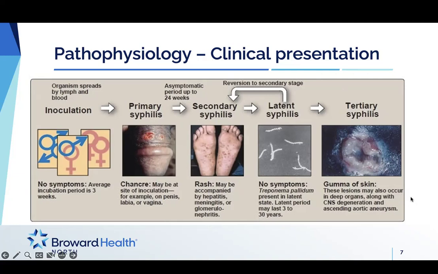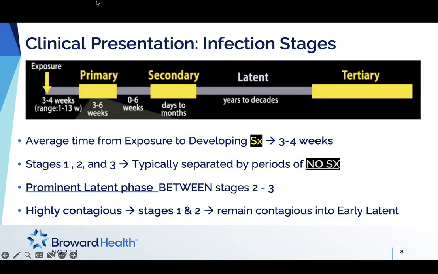So let's start discussing a little bit more about that. First, the clinical presentation. These are the stages like we were discussing. We see here that usually after the exposure, 3 to 4 weeks, you get the primary, and that might happen between 3 or 6 weeks. So this is the addition of what we're talking about, 2 to 10 weeks.